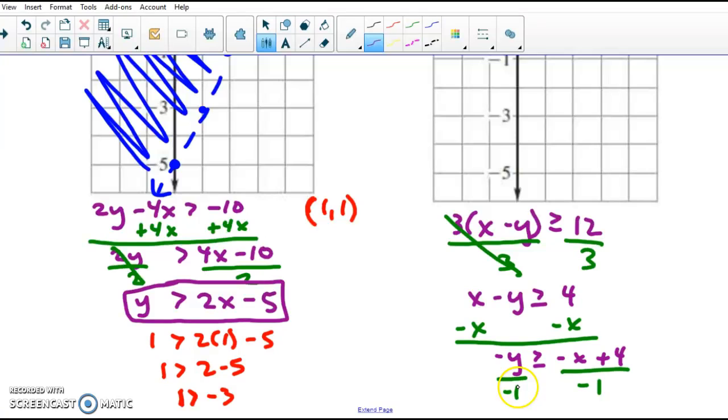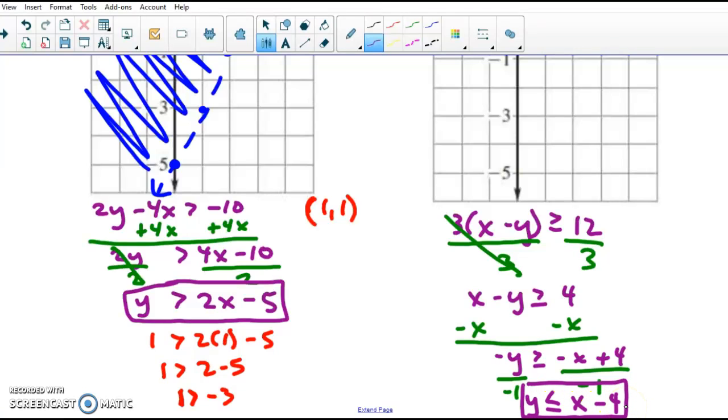So -y divided by -1 is positive y, and I'm going to reverse my symbol so it's less than or equal to. X divided by 1 is x, negative divided by negative cancels, and I have 4 divided by -1, so this becomes -4. So my inequality is y is less than or equal to x minus 4.